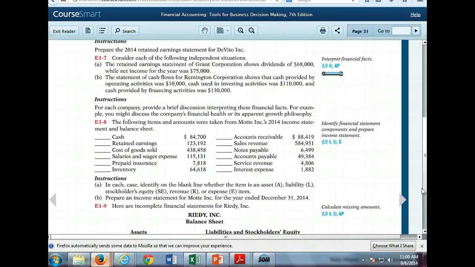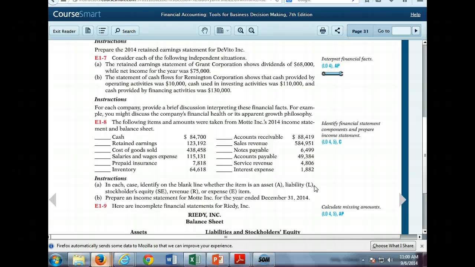No. In each case, identify on the blank line whether the item is an asset, a liability, stockholders' equity, revenue, or expense. So we're going to first take this and let's just talk about these various accounts. These are all various accounts in what can be called a chart of accounts.